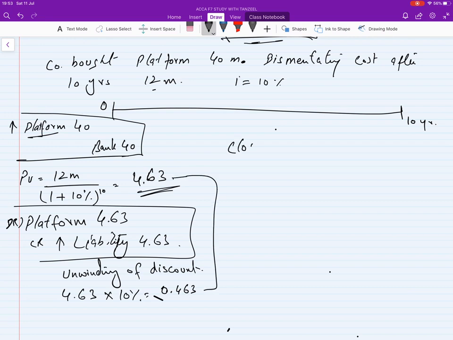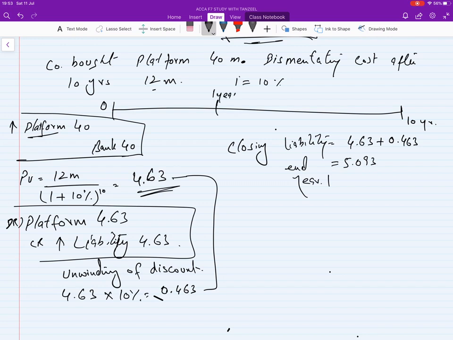So the closing liability would be 4.63 plus 0.463, 5.093 at the end of year 1.